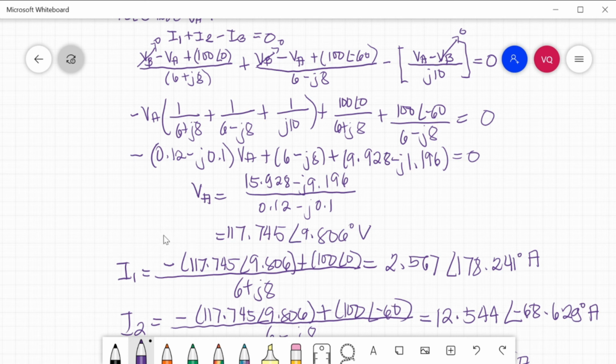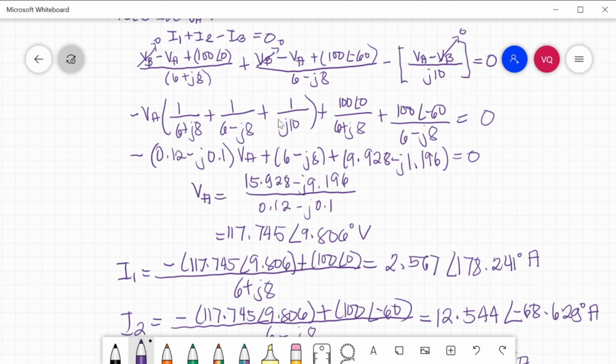Solving now our branch currents, we will substitute the value of our node voltage VA in each branch current that we formulated. For I1, we have negative VA plus 100 angle 0 divided by 6 plus J8. So this is equal to 2.567 angle 178.241 degrees ampere.